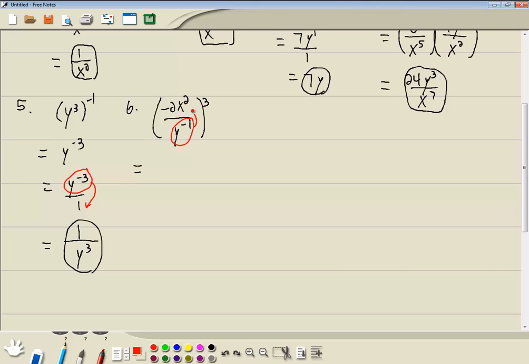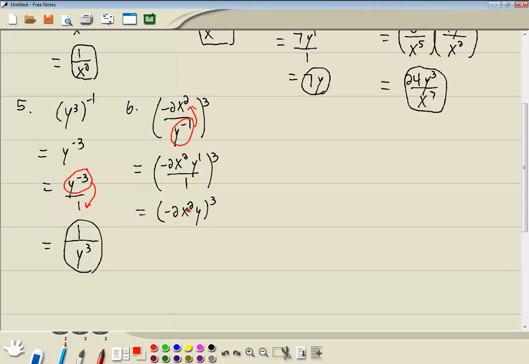So I'm going to move that up on top. When I do that, you move anything opposite where it's at in a fraction, the sign of the exponent changes. So it becomes y to the positive 1. And we got a placeholder of 1 here. And then to the third power. Of course, these 1s don't do anything, so I can drop them. So we got negative 2x squared y, to the third power.